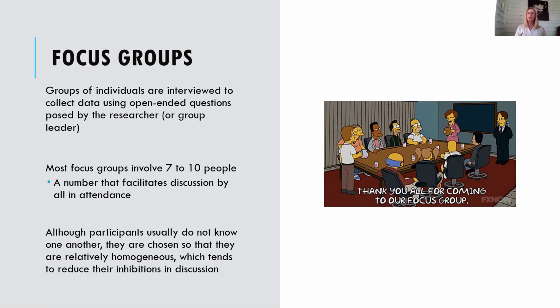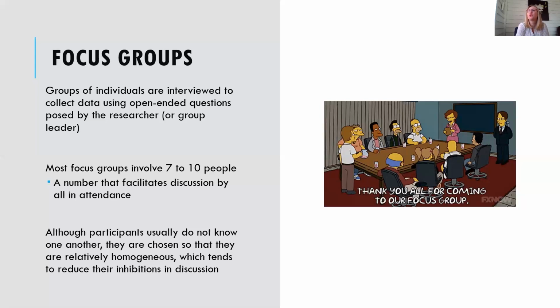In research, most focus groups involve about 7 to 10 people. So the fewer you have, the less people are going to want to talk. The more you have, 1 or 2 people could take over the responses. So 7 to 10 seems to be the most efficient group size. Now, although participants usually don't know each other, they're chosen so that they're relatively homogeneous.